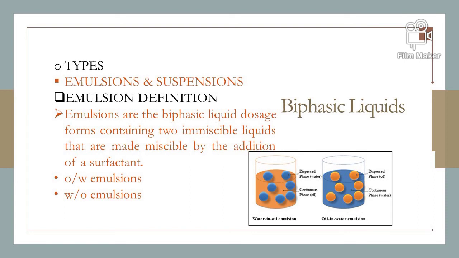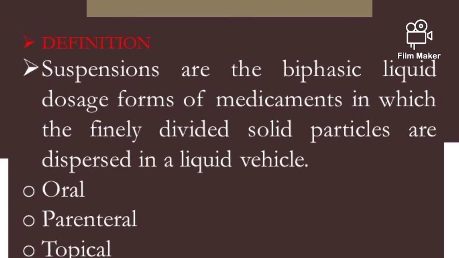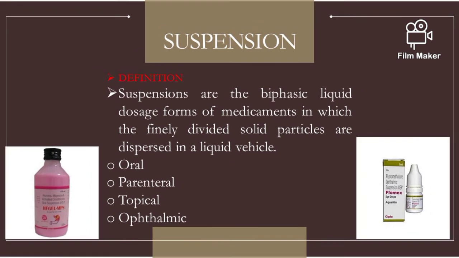In a water in oil type emulsion, the oil appears as the continuous phase and the water appears as the dispersed phase. Whereas in an oil in water type emulsion, the water appears as the continuous phase and the oil appears as the dispersed phase.